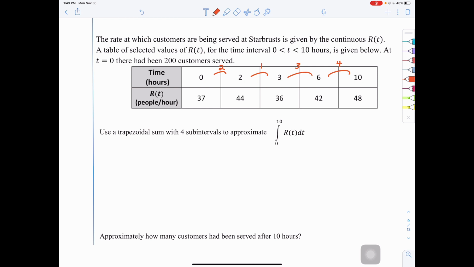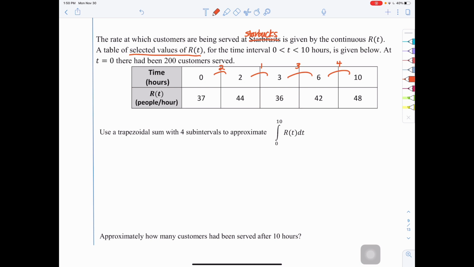So the rate at which customers are being served at Starbucks is given by the continuous function r of t. A table of selected values of r of t for the time interval 0 to 10 hours is given below.